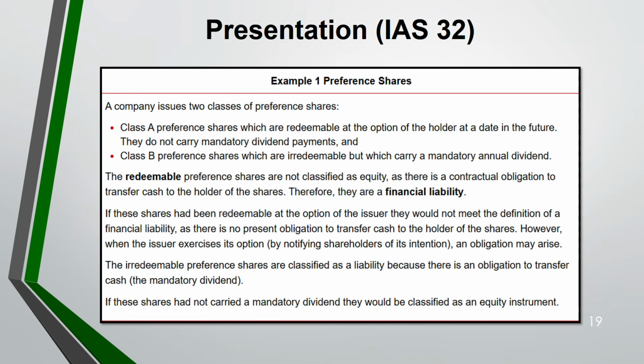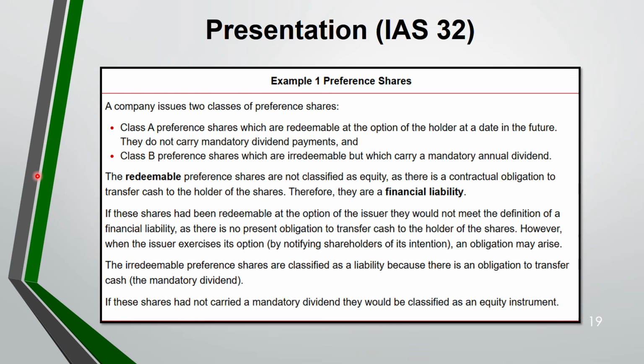Now, example 1. So let us go through example 1, where we have two classes of preference share and we have to see whether they are equity or liability. So here it's about class A and class B preference share. For class A preference share, they are redeemable. They do not carry any mandatory dividend payment.